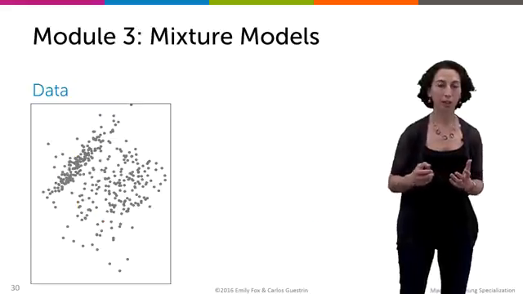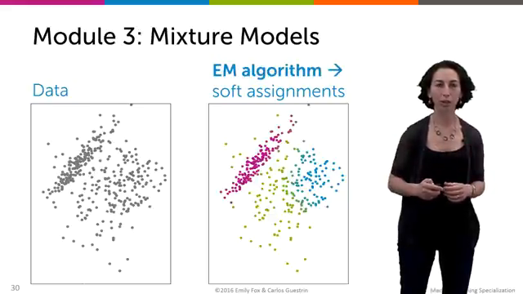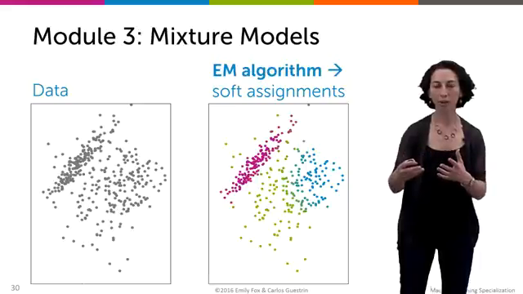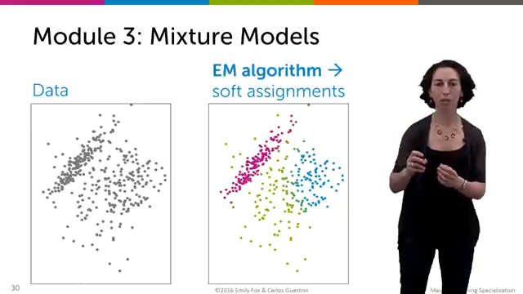So the goal here is to go from a set of unlabeled data points, like this gray cloud of points shown here, to a set of colored points. But now, instead of making hard assignments, there's going to be an entire spectrum of colors representing the allocation of data points to clusters and the uncertainty in that.